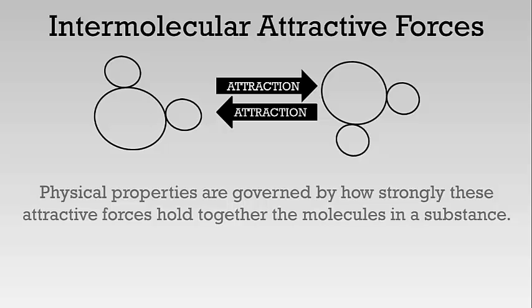There are three main types of intermolecular forces which have some differences that are very subtle. It all comes down to charge. If you have a positive charge and a negative charge, there's going to be an attraction between the two. The stronger the positive and negative charges are, the stronger the attraction between them will be.